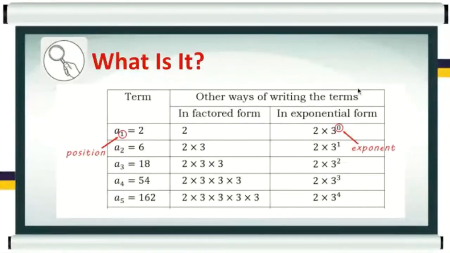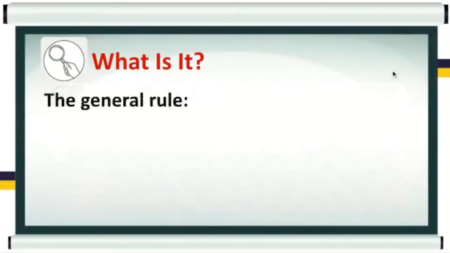And if you are going to identify the general rule of your geometric sequence, what will be the rule? It should be a sub n is equal to the first term, which is a sub 1, times the common ratio to the power of n minus 1.